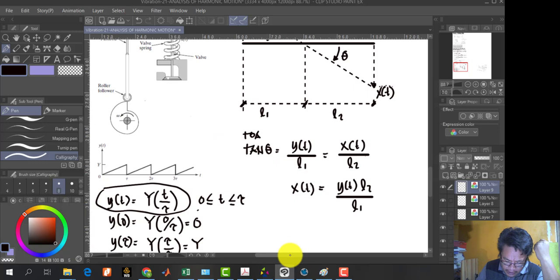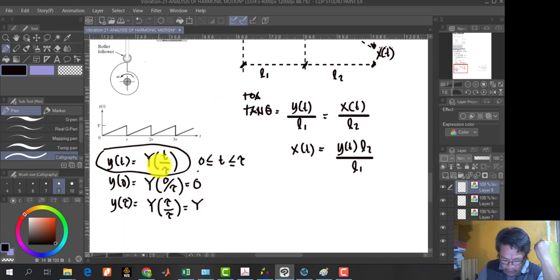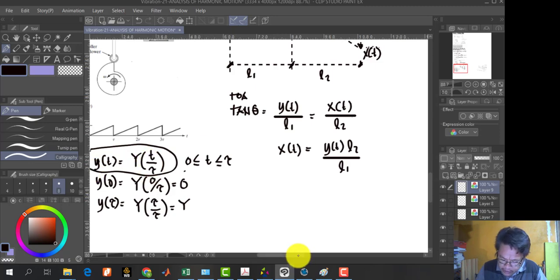Now, going back to my y function, the value of that is this one. So that will be y, the amplitude of my y function, times time over my period. So I will be substituting this into our equation in terms of x function of time.